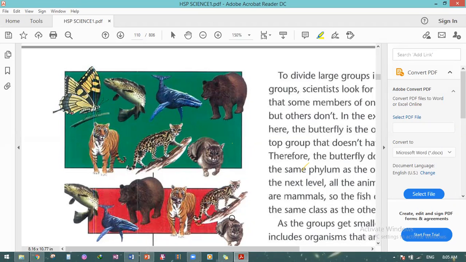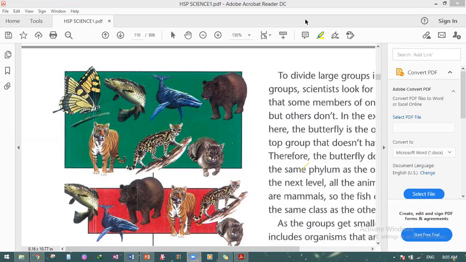Why do you think we had to remove the butterfly? Because it has no back. There's something that all these animals share while the butterfly does not: bone.